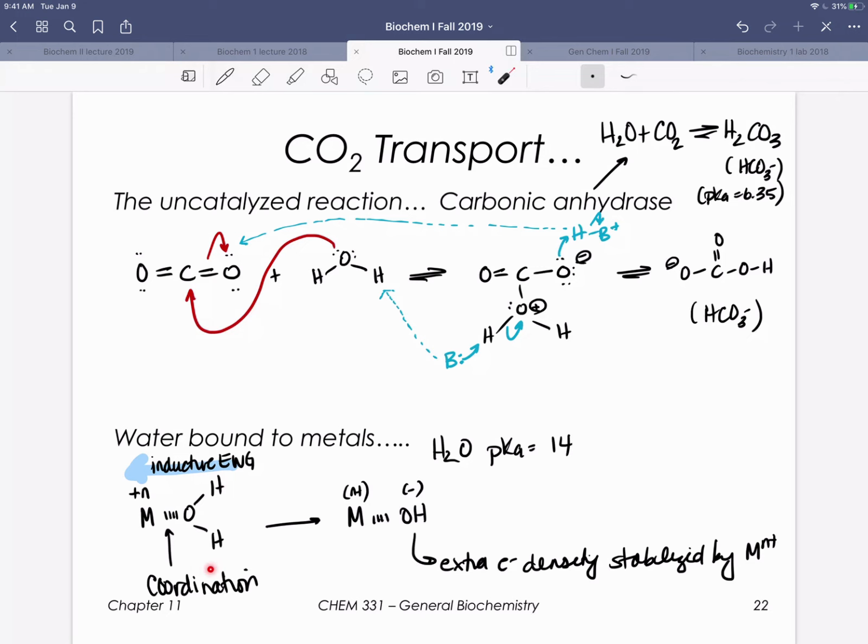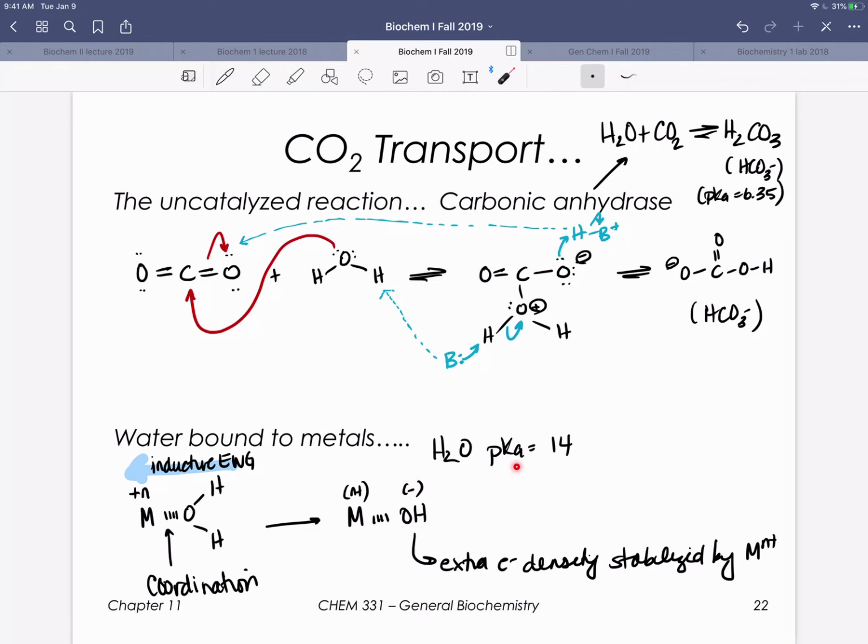Anytime you want to think about something having a decreased pKa, meaning it's more acidic, deprotonate it and ask, is what's left over stabilized by the environment that I'm in? So if we deprotonate water and generate hydroxide, that's going to be stabilized by the positive charge in the metal that we have here. The extra electron density that we have when we deprotonate water can be stabilized by the metal.